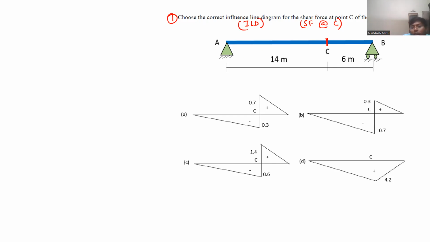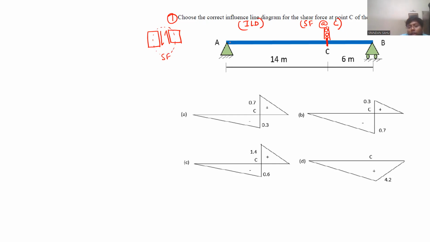At this point C, when you put the shear release, it will be like this. Recently, in the previous slide only, I said at a section, left side downward and right side upward is the positive sign convention for shear force.